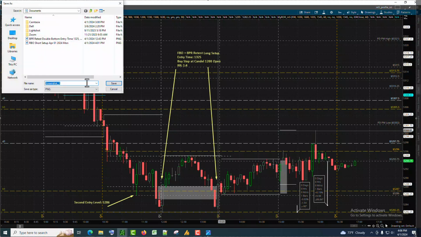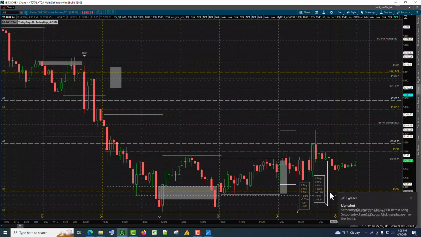So it's a 4 breakout, and it can be found by retest long setup, and the time is around the end of lunch time right there, 25. Save it.